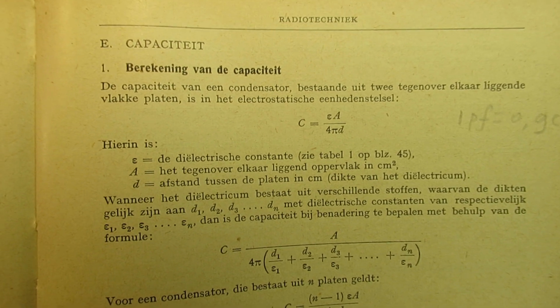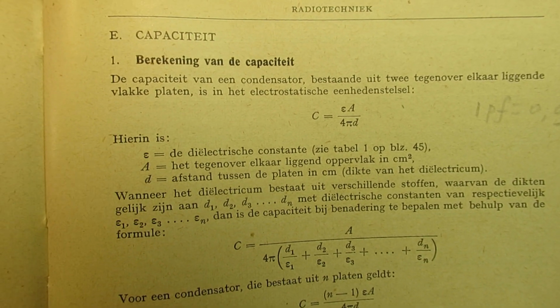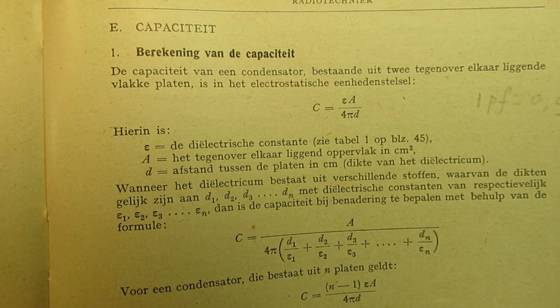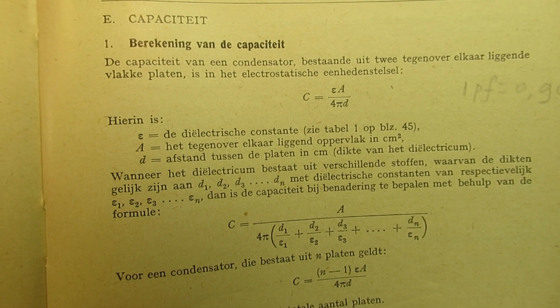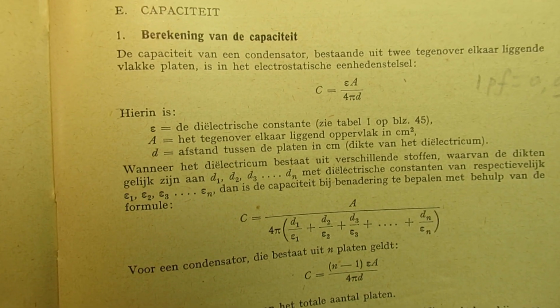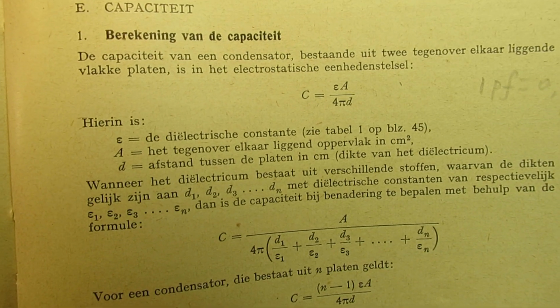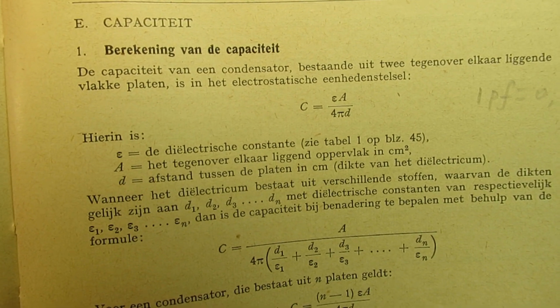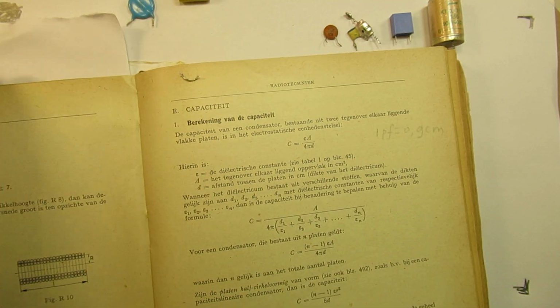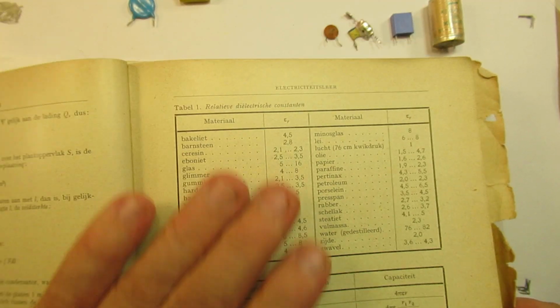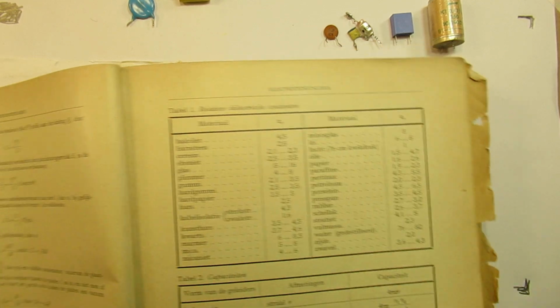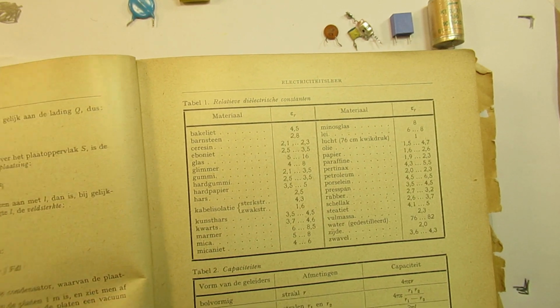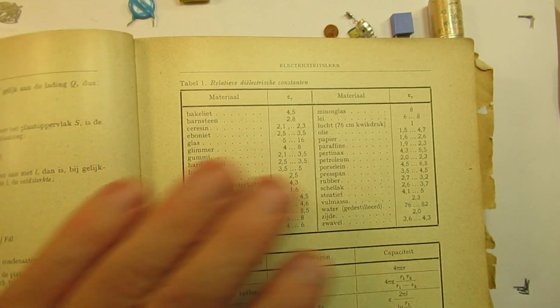That also means that the capacitance between these two plates changes regarding the material that is in between the two plates. And here there is more or less a standard idea of the dielectrica.